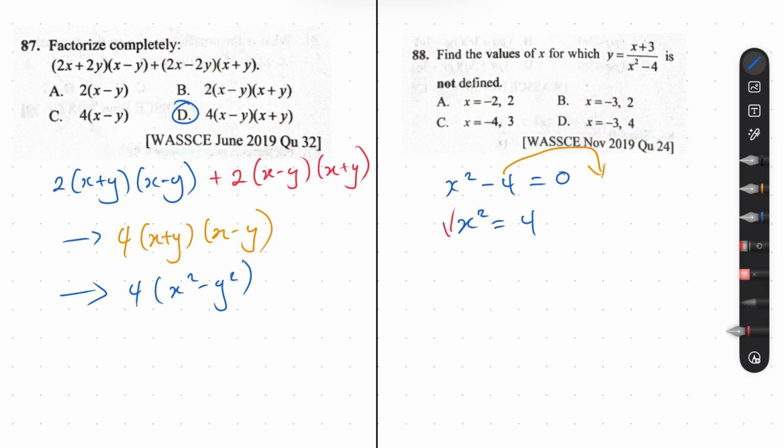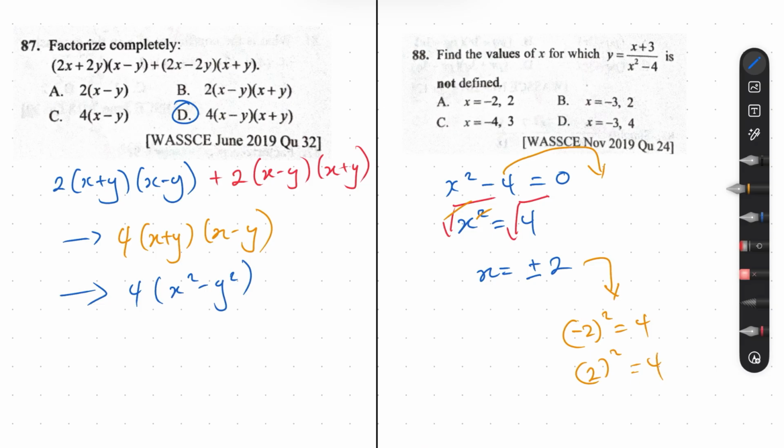Square root, square root. What are we left with? This square will cancel the square root, and we'll be left with x. The square root of 4 can either be positive or negative 2, because if you do negative 2 squared, you get 4, and if you do 2 squared, you still get 4.